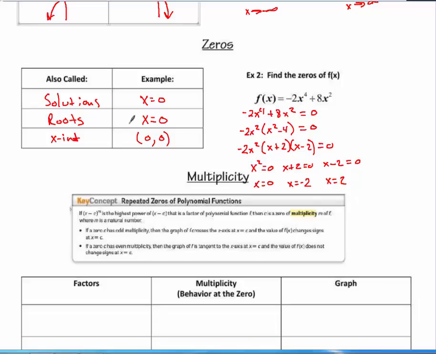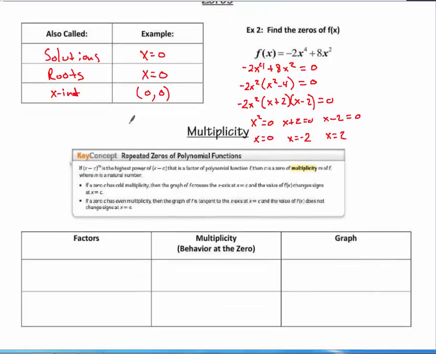Okay, something that we're going to learn about is called multiplicity, and you see it underlined here. There's a description here of it, but let me explain it to you real quick. Multiplicity means how many times a certain factor shows up. So this factor, x minus 2, showed up one time, so it has a multiplicity of 1.